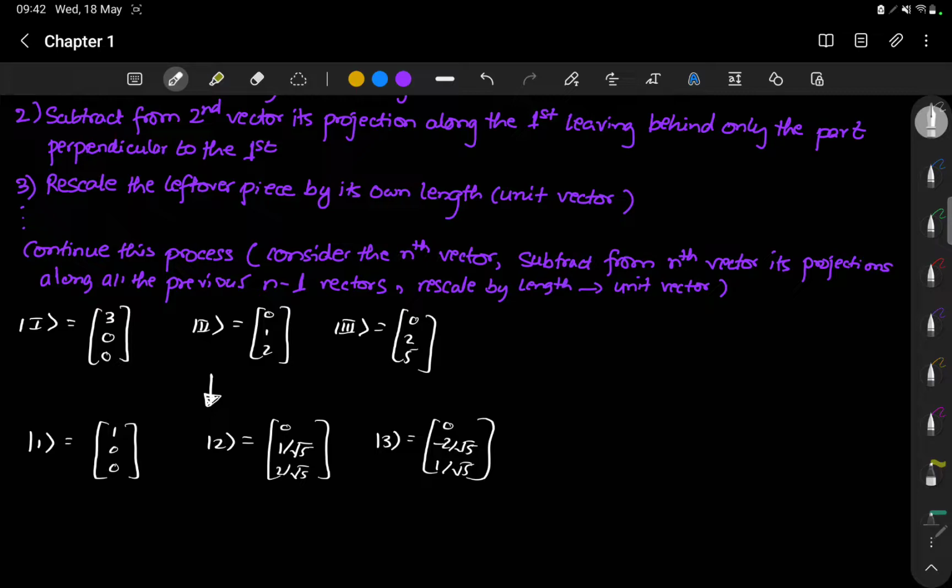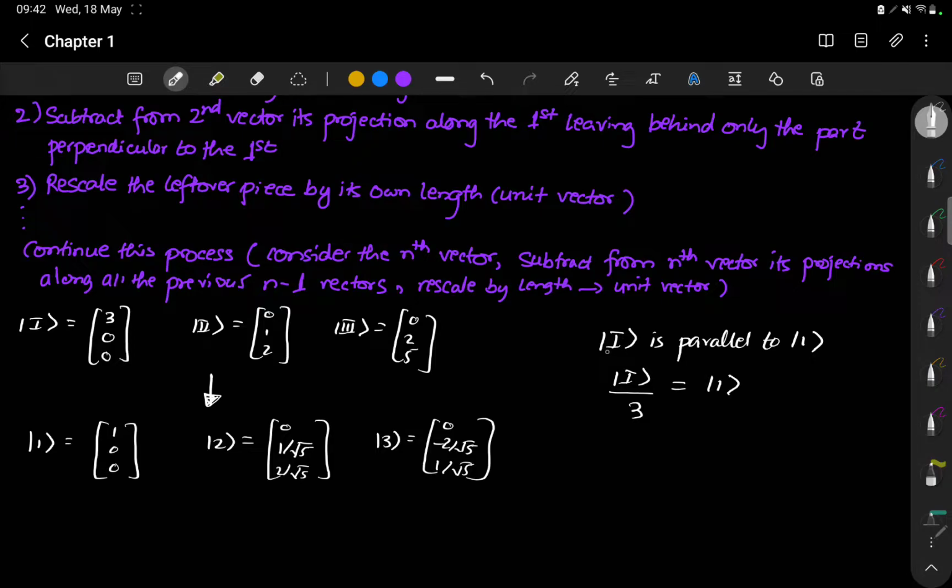So let us see what I was trying to mention earlier. We see that this vector is parallel to this. And why is that? We see that there is just a scaling factor. That is, if we take this vector 1 and divide it by 3, we get this.